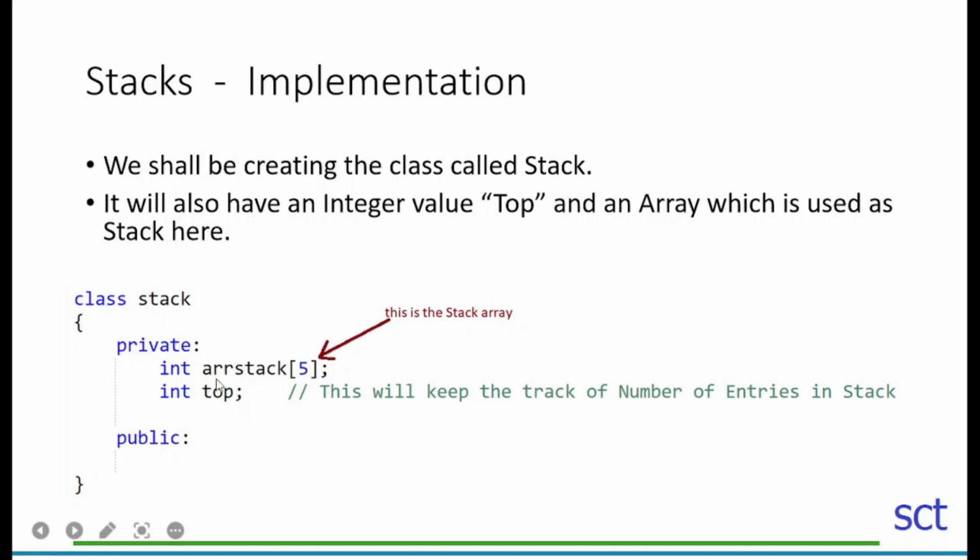So there are 2 private members: an array stack of 5 elements, which is going to be an integer array, and a top variable that is going to keep track of the number of entries. At the same time, it is also going to maintain the index position of the array.